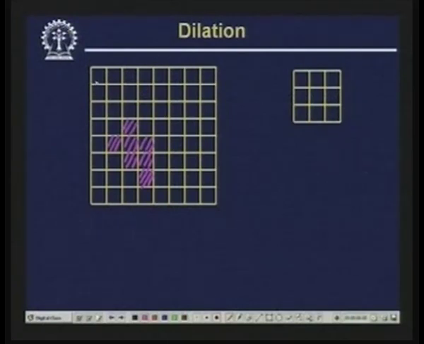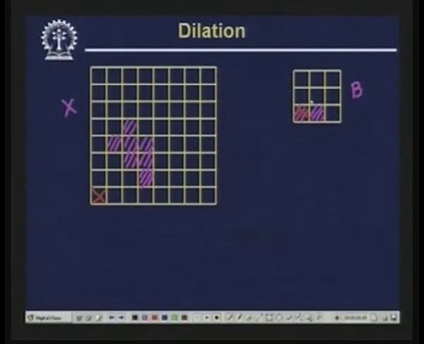So, this is my set of points capital X, and I define a structuring element say capital B, which contains only these 2 points. Obviously, I have to have some coordinate system for both my image as well as the structuring element. So, I assume this is the origin of my point set capital X and this is the origin of the structuring element B.